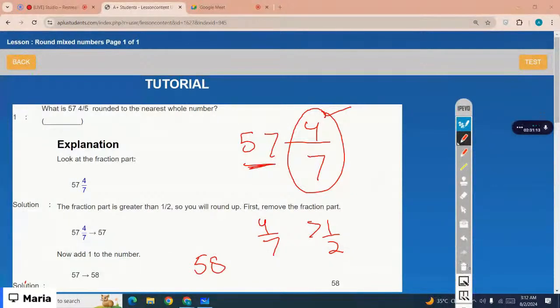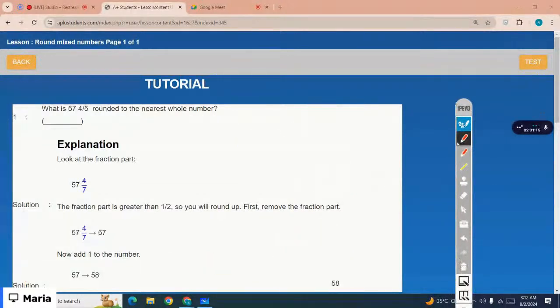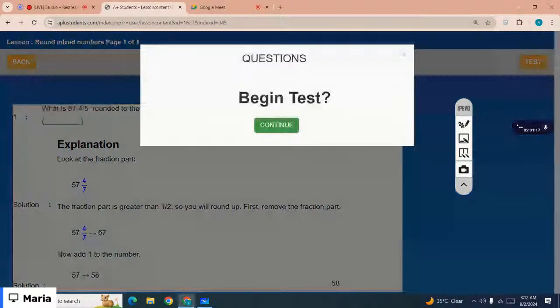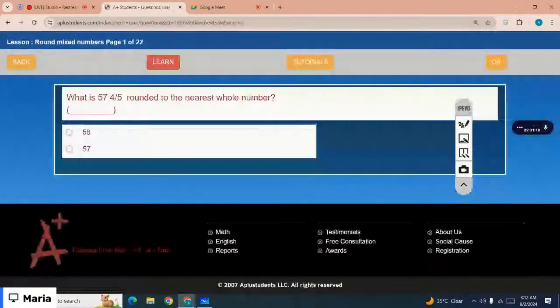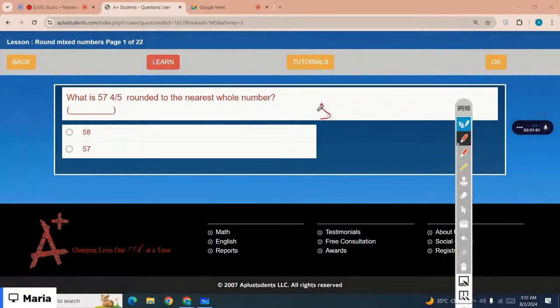Okay, let's just start with the test questions. What is 57 whole 4 over 5 rounded to nearest whole number?